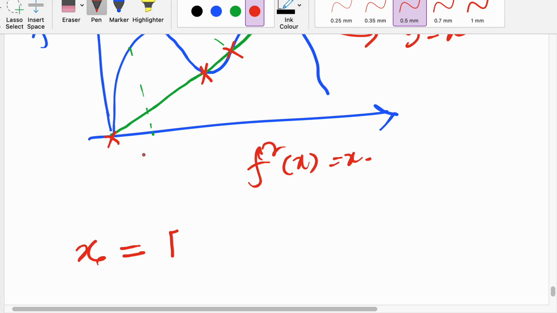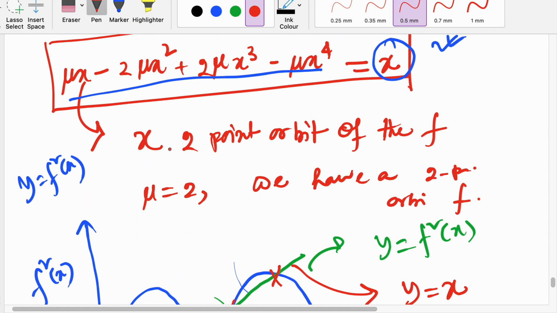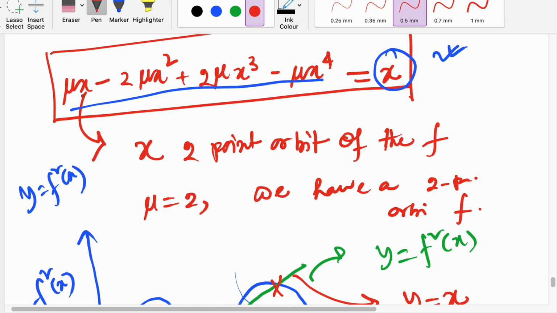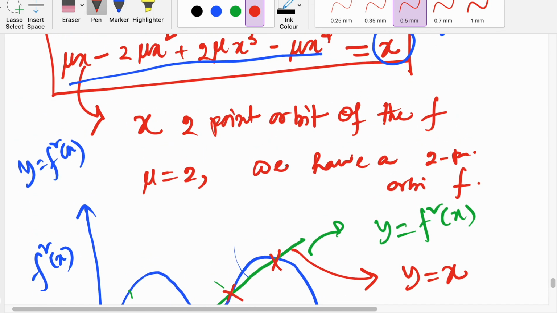I take the grid size very small, so I take 0, 0.001, 0.002 like so, and I continue this series up to 1. So these are my x values, and for each and every x I will get a value for f square x.